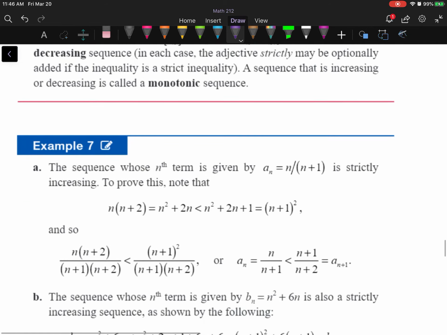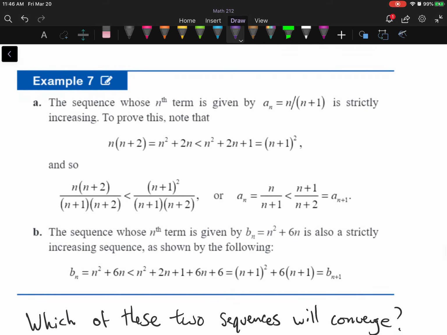Real quickly, we could take a look at example 7. Here we have our nice n over n plus 1 sequence, and we could prove that the sequence is strictly increasing by looking at the nth and n plus 1th terms. So, here they are.